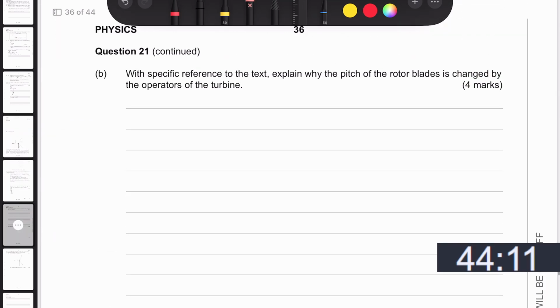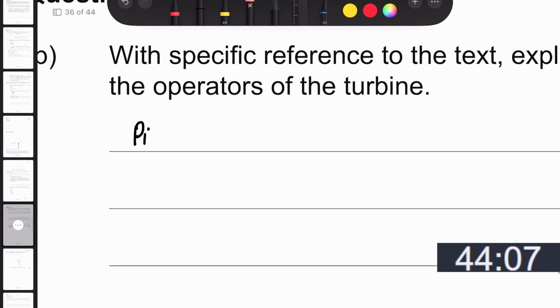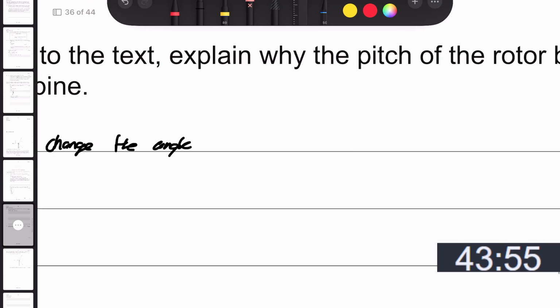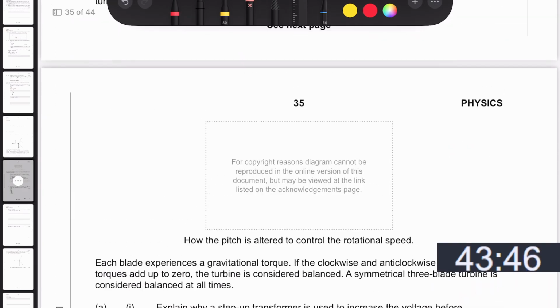Okay, so we talk about change pitch. The pitch of blades is changed to change the angle of the blades against the wind.